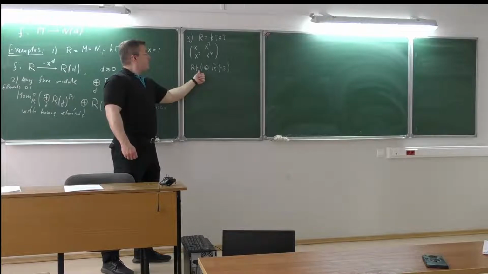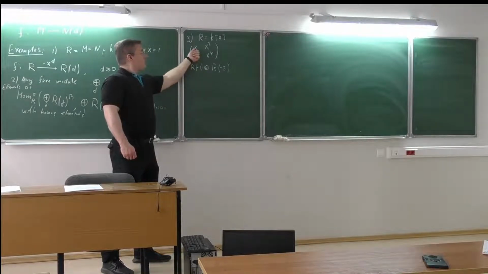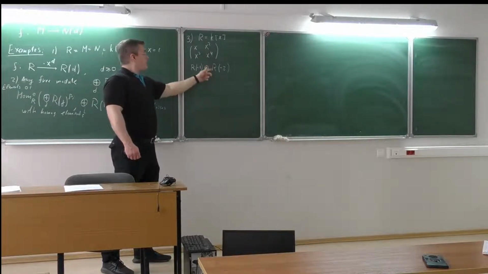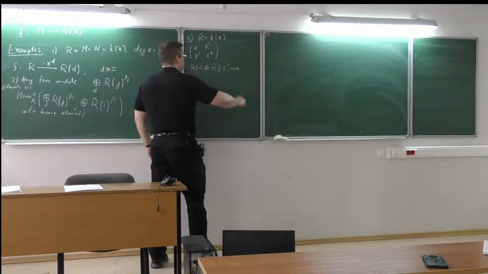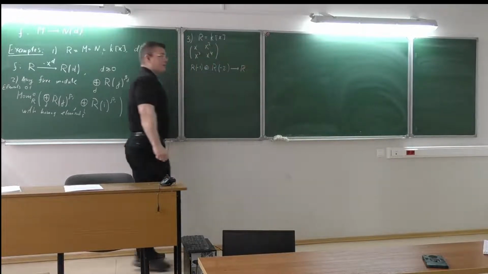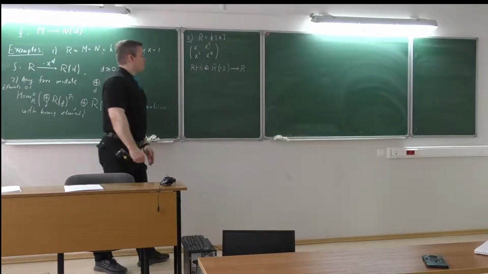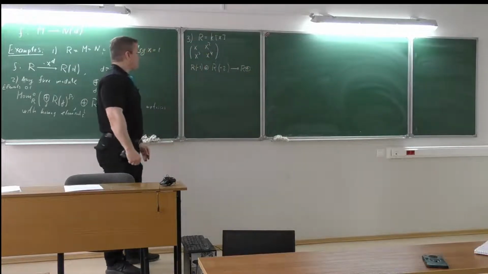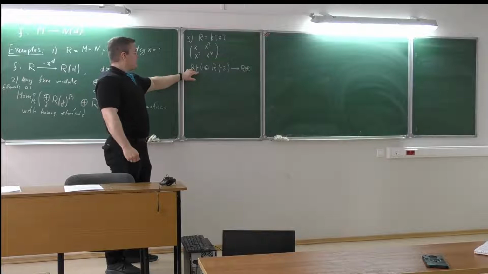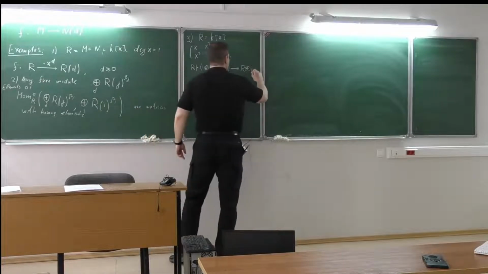When I multiply by x, I increase the degree by 1, and by x squared, increase the degree by 2. So when I compute the first component of the answer, I get something in R, right? Yes. Then there will be a second direct sum for the second component. But here I again start with something in the -1, increase by 3. So here the second component is R shifted by 2.